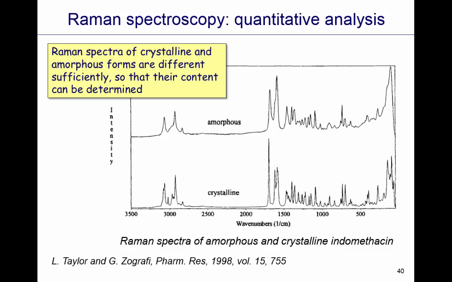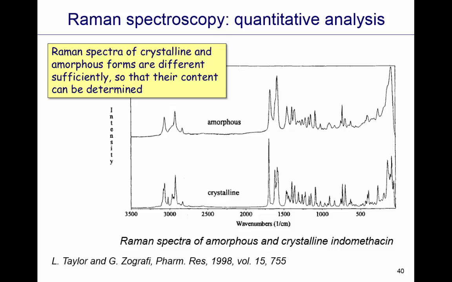What we see straight away is that I can distinguish them. There are different lines present, and most importantly, I can quantify them. So Raman spectroscopy is often used. If I have a mixture of amorphous and crystalline material, I can actually say how much of each is present. And that's not an easy task at all. Remember, we tried to do it with X-ray diffraction.